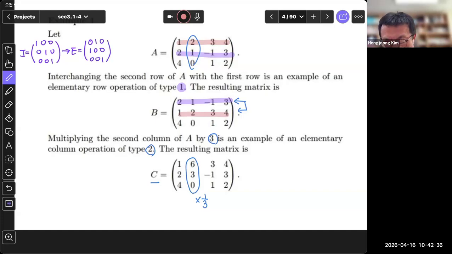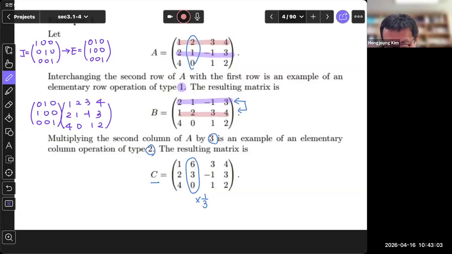Now, given this E matrix, I pre-multiply the A matrix: 0 1 0, 1 0 0, 0 0 1 times A, which is 1 2 3 4, 2 1 negative 1 3, 4 0 1 2.